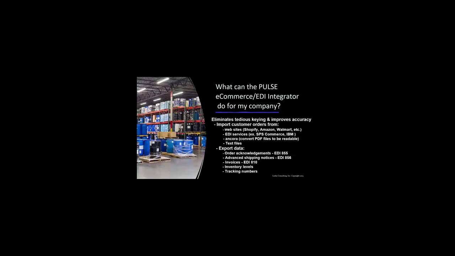As a new player comes into the market, I'll give you an example of Shopify, when they started coming on stream, we developed an interface for them. So the idea is that we can import customer orders directly from different websites. That might be Shopify, Amazon, Walmart, or your e-commerce website.